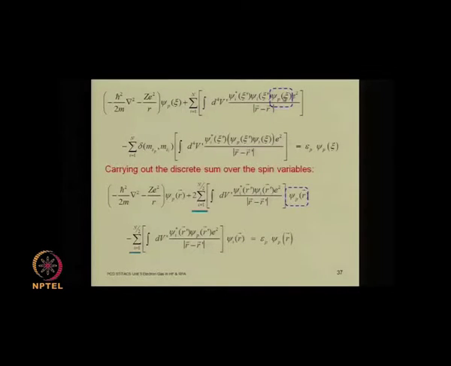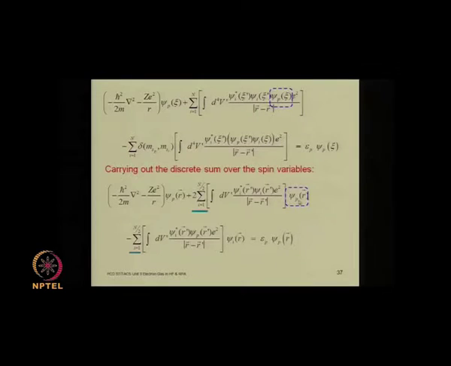Then again the integration variable xi was a set of 4 coordinates, the 3 space coordinates and 1 spin coordinate, but now this summation over the spin has been carried out.